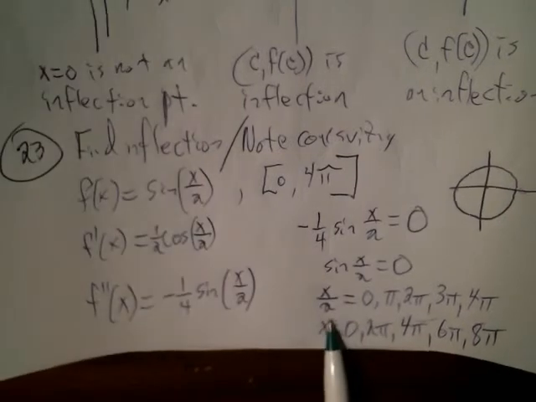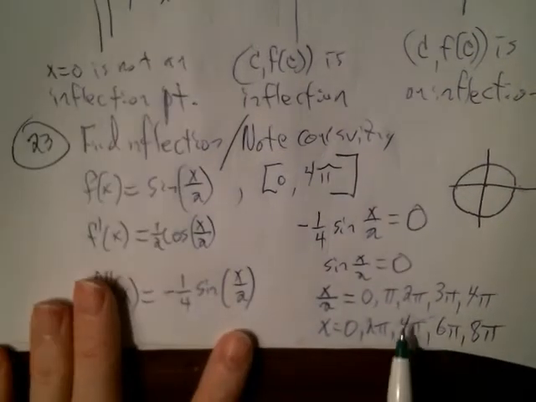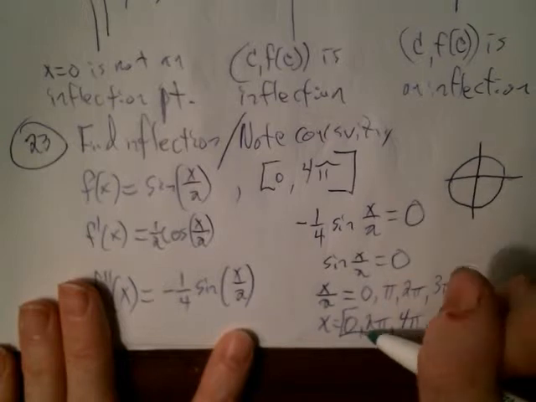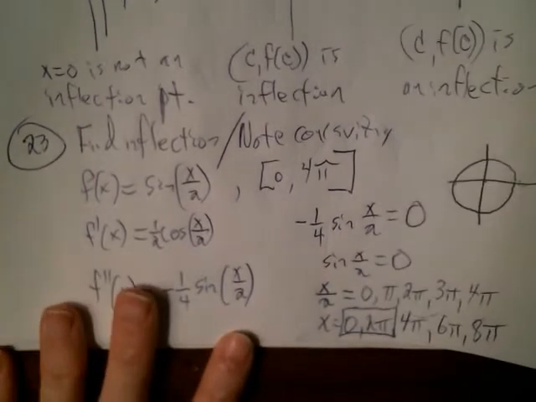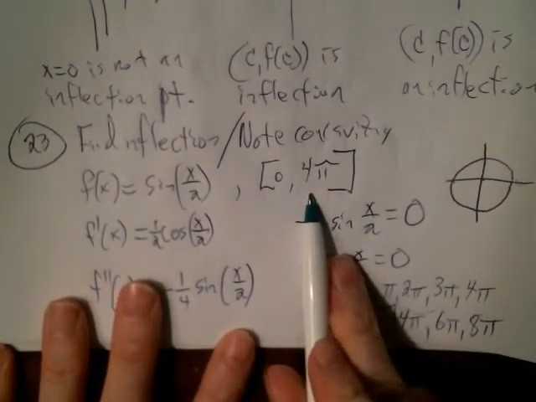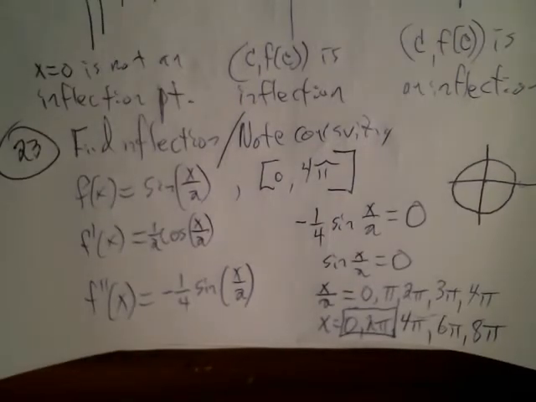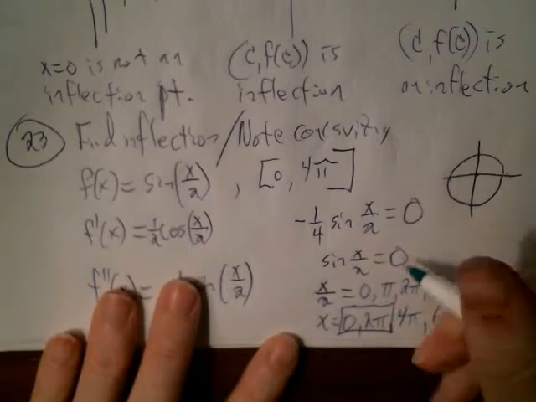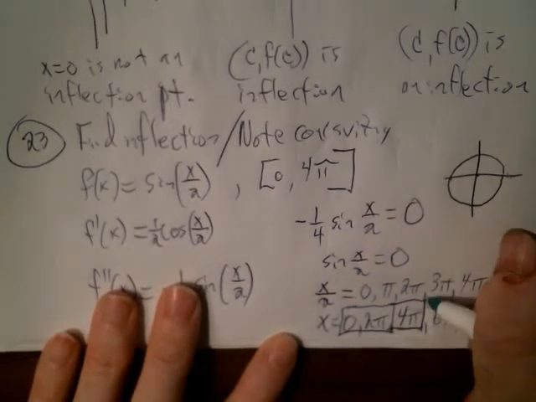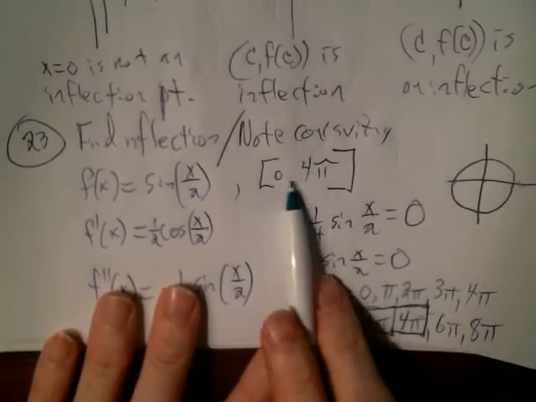So it's really not a matter of looking at all of these. You really only need to look at these particular ones. Oops, 4 pi is in our domain, sorry. So just these three, since I'm going from 0 to 4 pi.